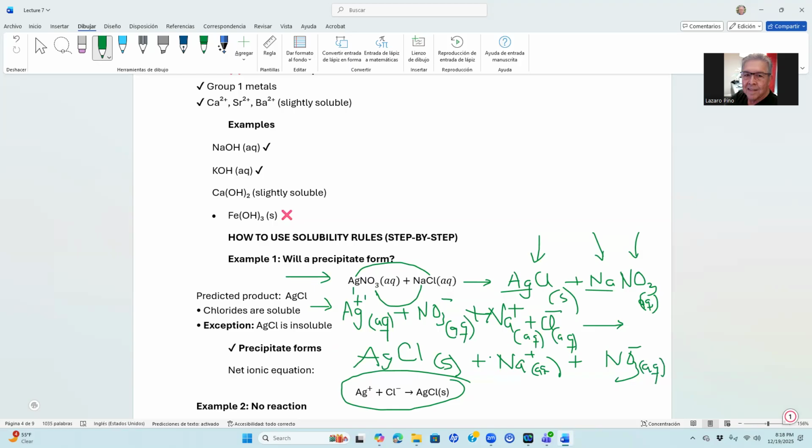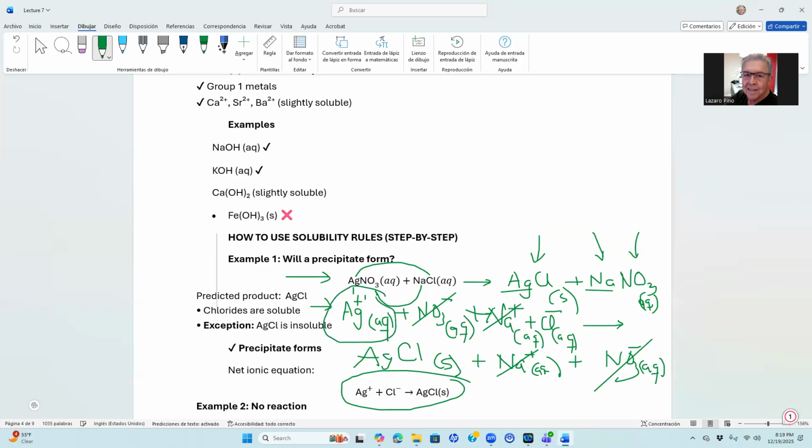But what happened here, as if you were in algebra, you will cancel out what is the same on one side and the other side. Nitrate is canceled out with nitrate because they remain in solution. And the same thing with sodium and sodium. Then what remains?